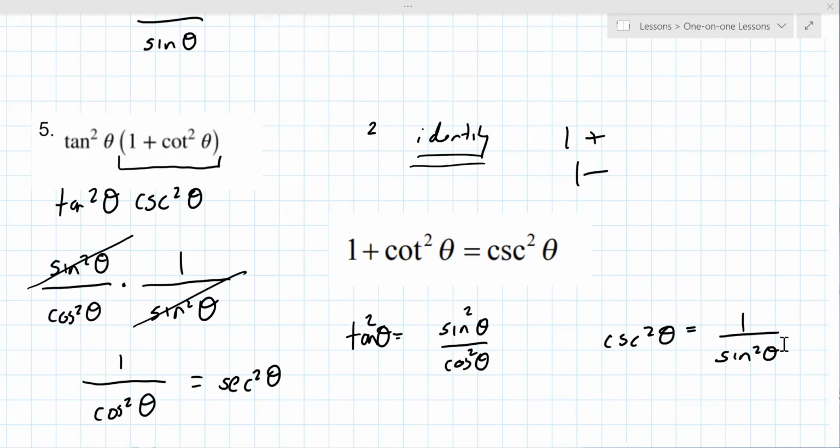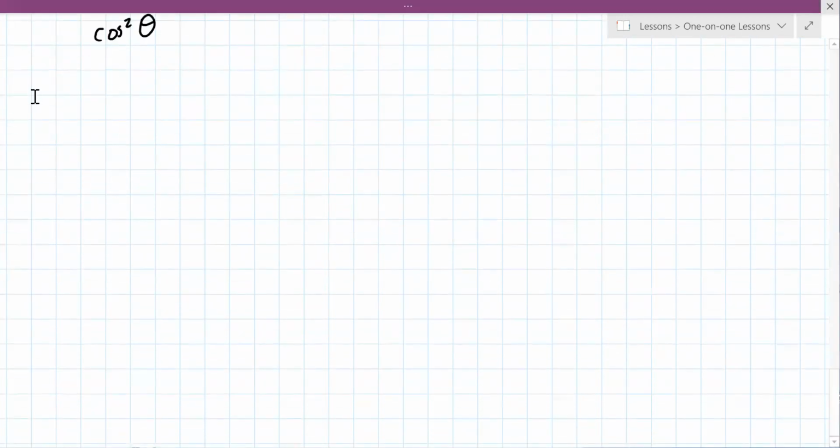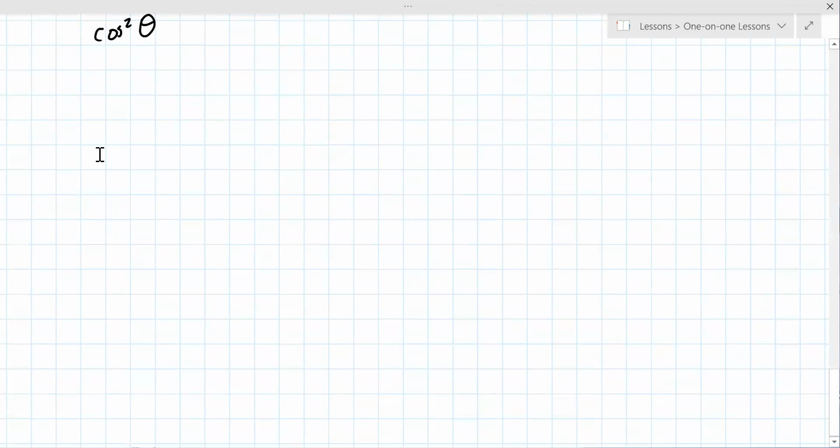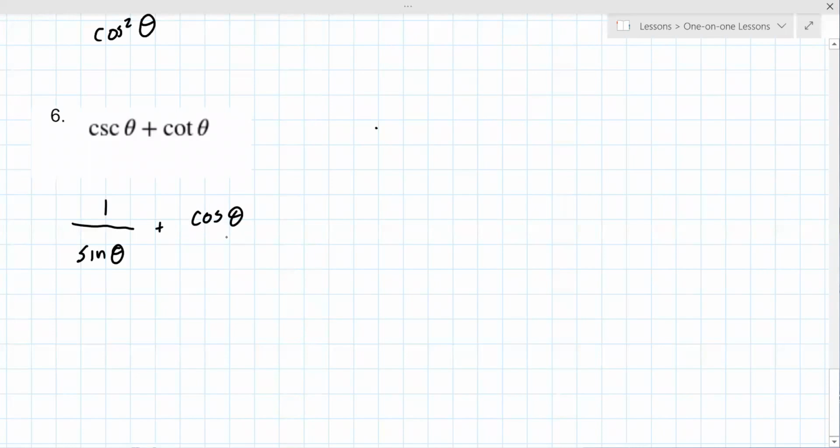There's a lot that goes into that, but it's not all limits. Sometimes we go off to the side and do some things, then go on to the next. So cosecant theta is 1 over sine theta, and cotangent theta is cosine theta over sine theta. Now these have matching denominators.